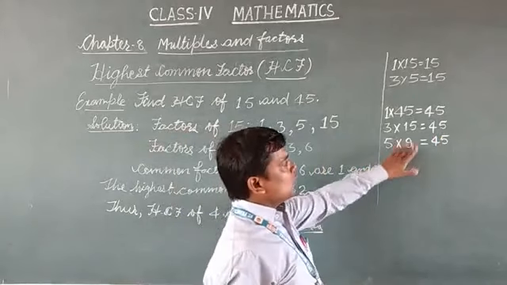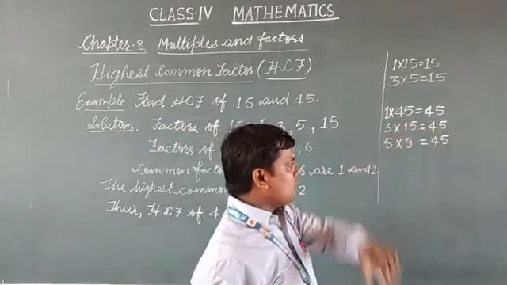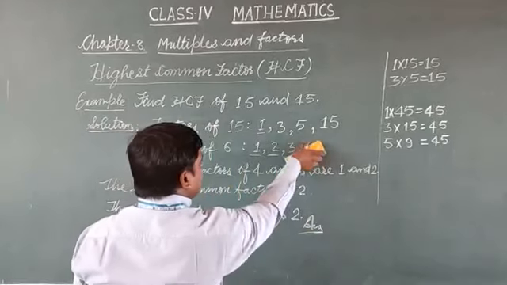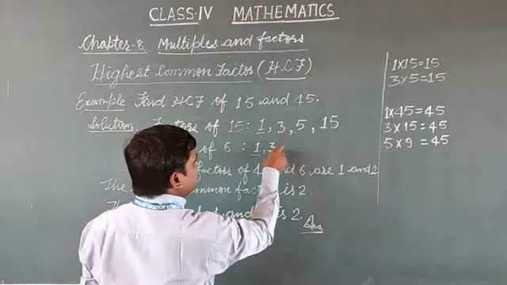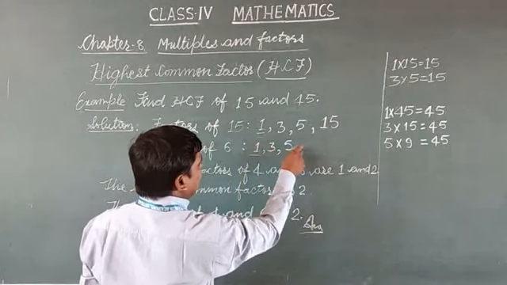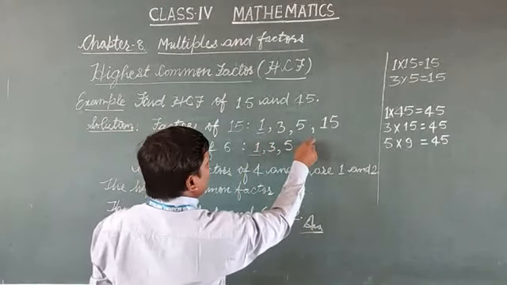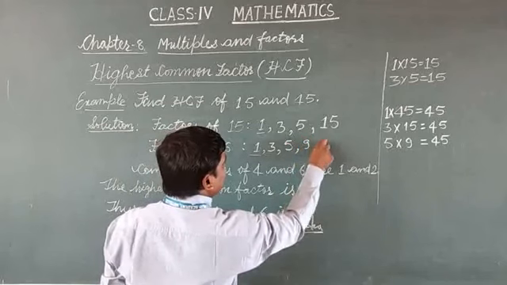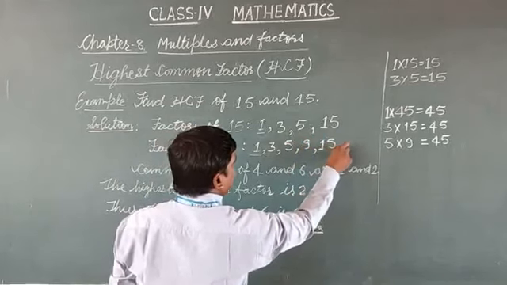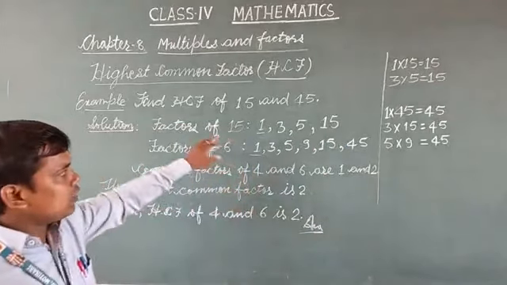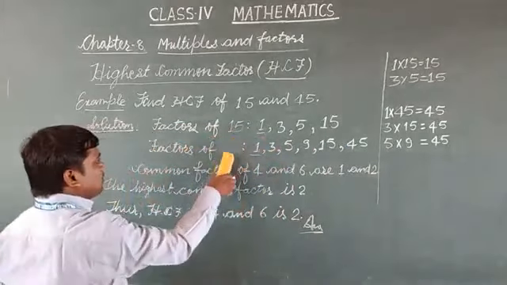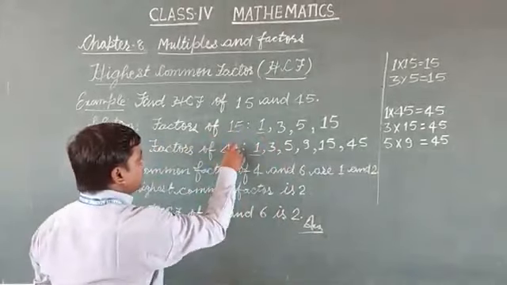Then no other factors of 45 we have, so factors of 45 are 1, 3, 5, 9, 15 and 45.